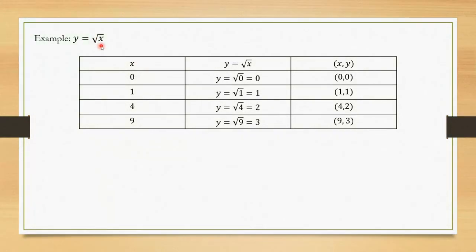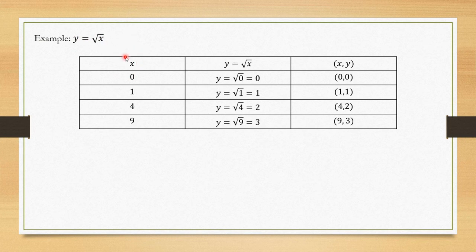So here, what we're going to use for x, I would use perfect squares. Although I guess theoretically you don't have to because you can use a calculator. But I would definitely use numbers for x that are greater than or equal to 0 and perfect squares. Because you can't take the square root of a negative number, okay?